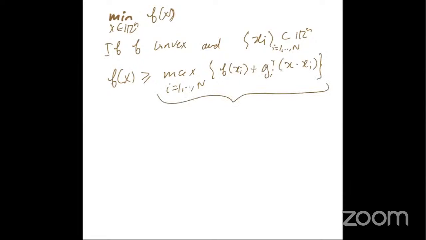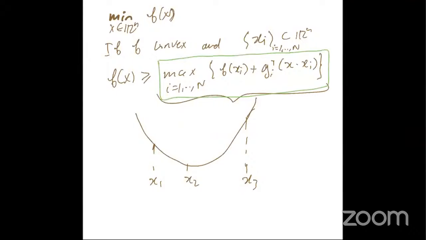So let's say I'm in one dimension, and your points are x1, x2 and x3. Then the polyhedral model, the thing that you have in here, is a piecewise linear function. It is constructed as follows: you construct this guy, and this guy, and this guy.